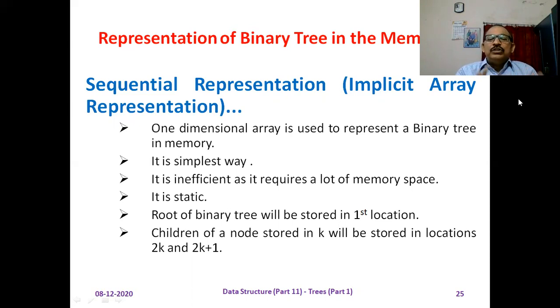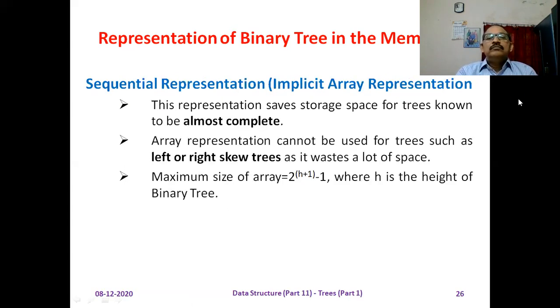Next assumption is that the root of a binary tree will be stored in the first location, and the children of a node stored at K will be stored in locations 2K and 2K plus 1. This representation saves storage space for trees known to be almost complete. This representation cannot be used for trees such as left or right skewed trees, since it is a wastage of memory space.